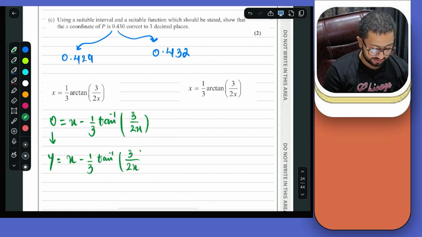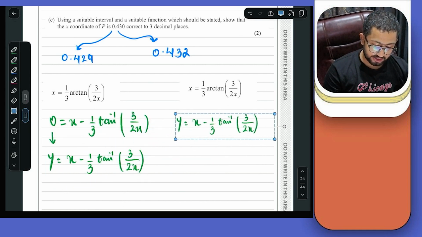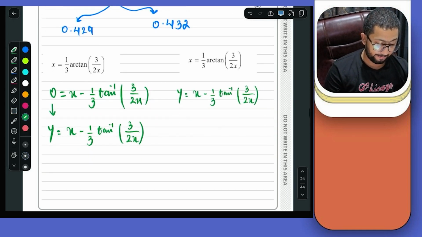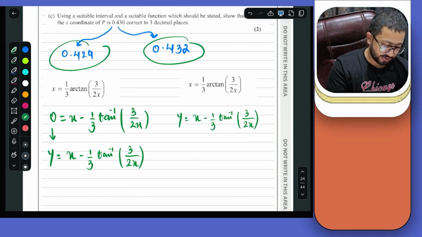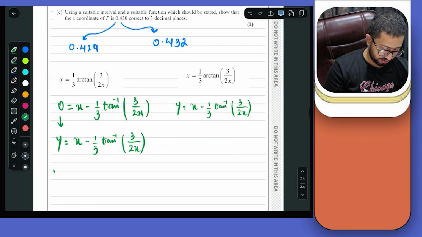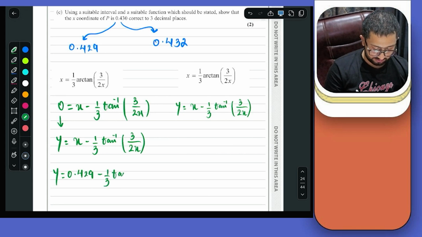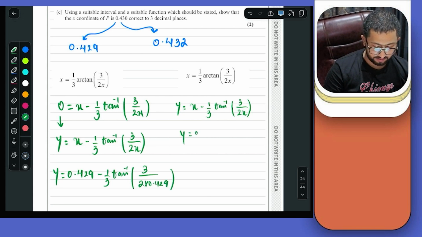Now you have to substitute these values into this function. If the sign changes, then obviously it has a root. The sign should change. So the x value is 0.429 minus 1 by 3 tan inverse 3 over 2 times 0.429. Put it in your calculator directly and check the sign.